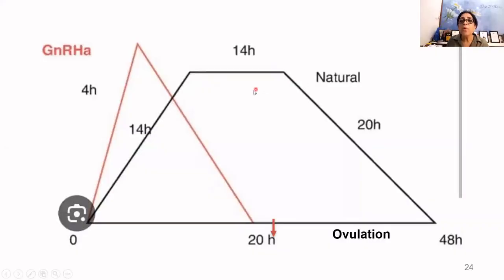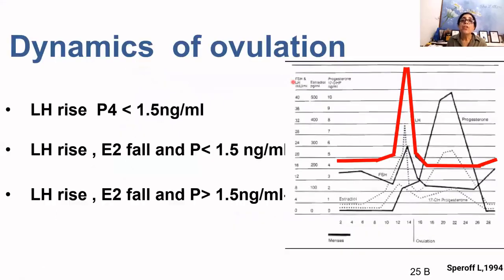So we would not know whether ovulation is yet to occur or has already occurred. The best way to make it clearer is to at least add one value of progesterone. If the progesterone is less than 1 nanogram, that means ovulation has not yet occurred. If the progesterone is more than 1 nanogram, that means ovulation has already occurred. And then accordingly, you can schedule your frozen embryo transfer.